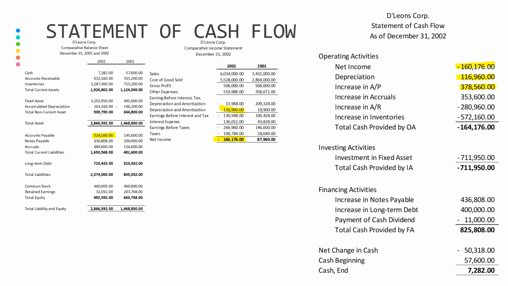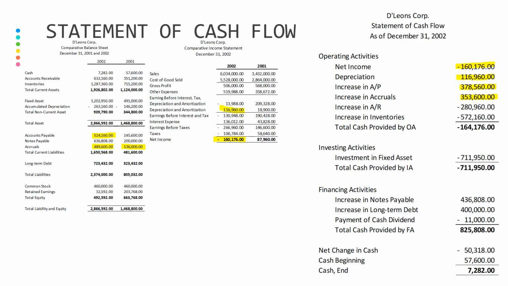An increase in accruals: 489,600 minus 136,000, so that is 353,600. Now again, when there is an increase in the current liability, that is a cash inflow for the company, because the company generates cash from the loans that they were applying for.